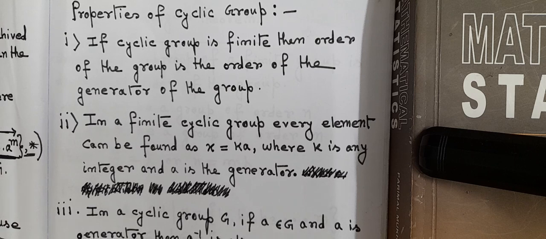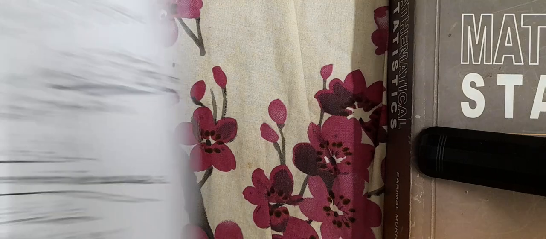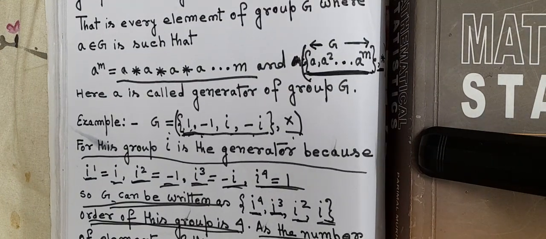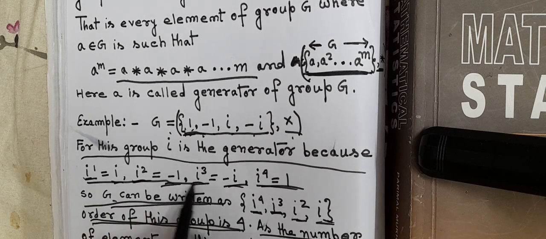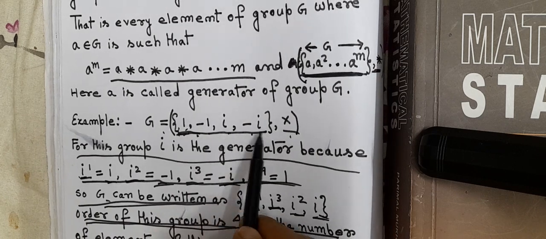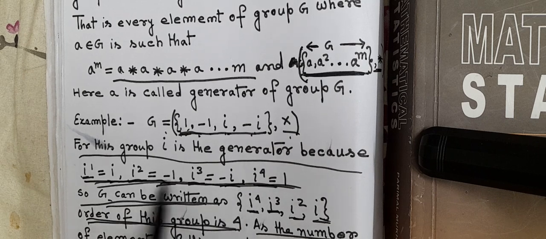Now property 3. In a cyclic group G, if a belongs to G and a is the generator, then a inverse is also a generator. If you just consider this example, and replace i by -i, because here -i is the inverse of i, you will get the same thing.